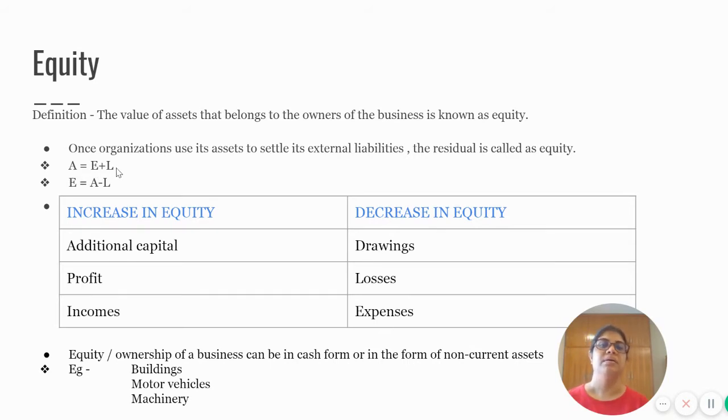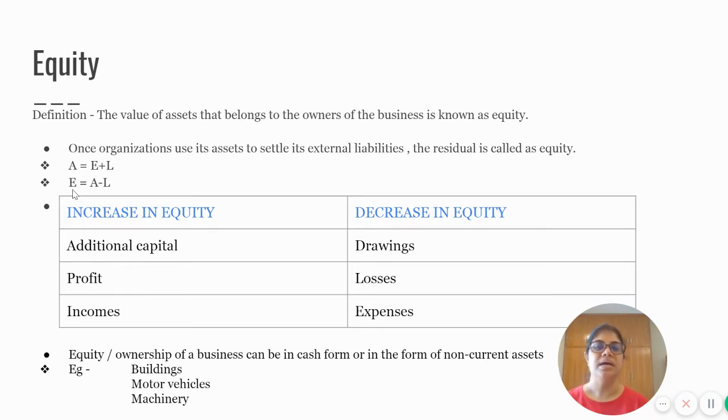Liabilities are the obligations that we have taken from outside parties of the business. For example, loans: when a business is running short of financing or the necessary amount of capital, they will borrow or obtain loans from financial institutions and other external parties. So that plus the equity will comprise assets.